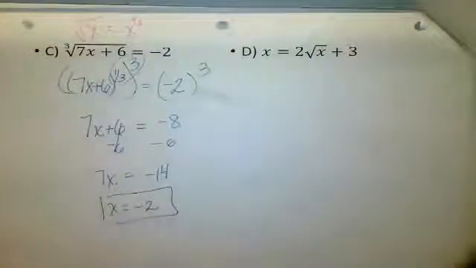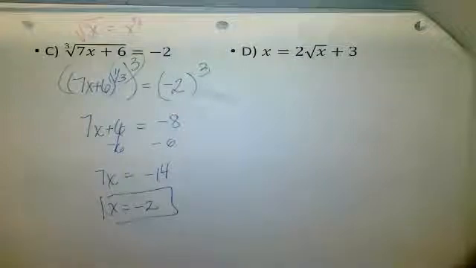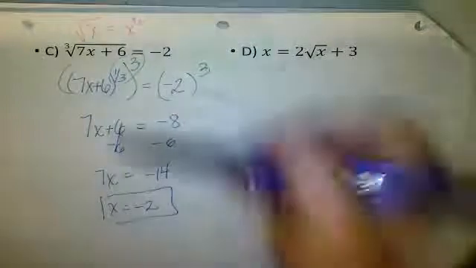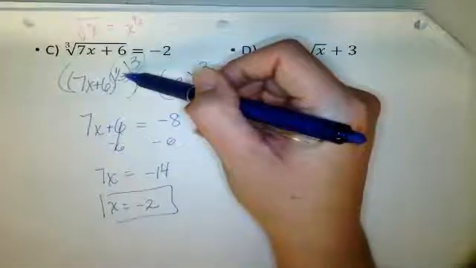But I'll give you a little hint. Cubic functions always work. How do you do a cubic function on your calculator? Well, you could do to the 1/3 power, actually.